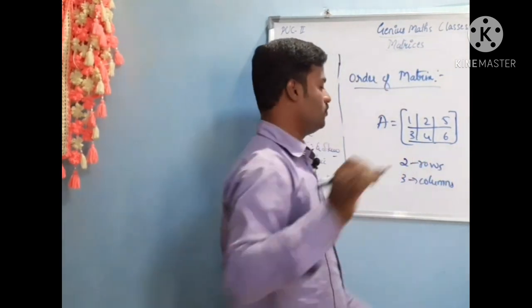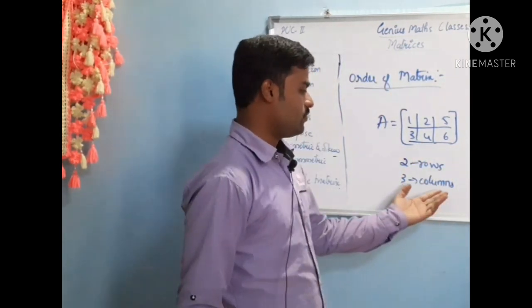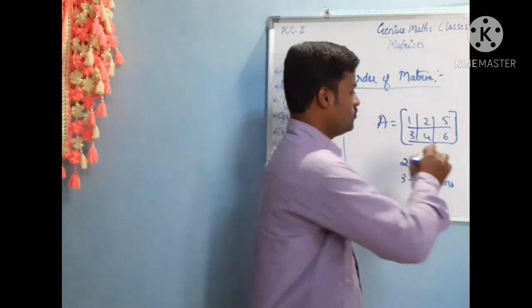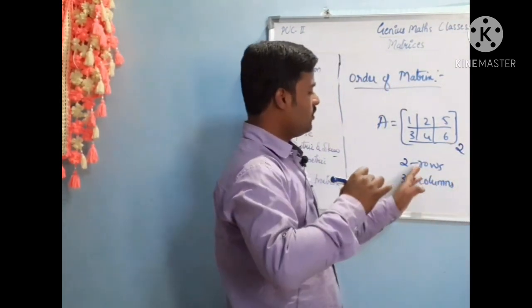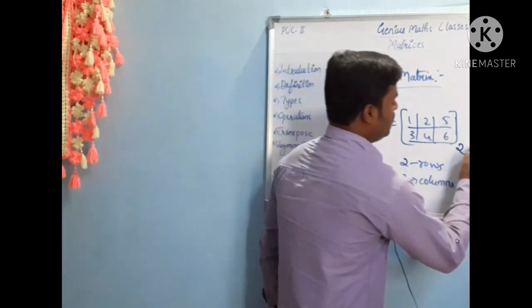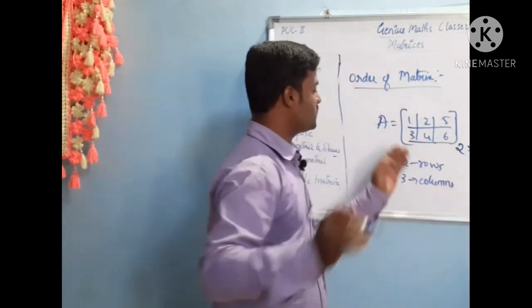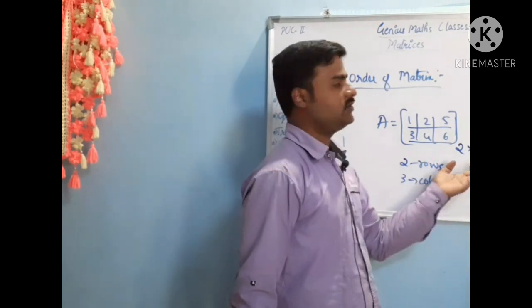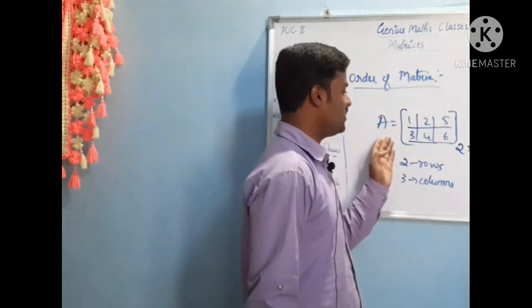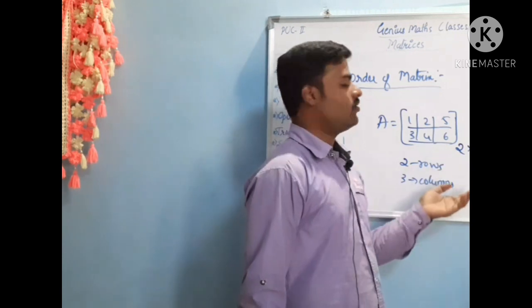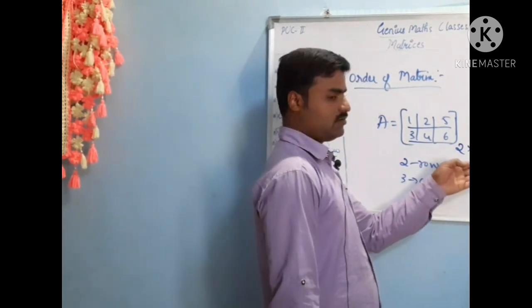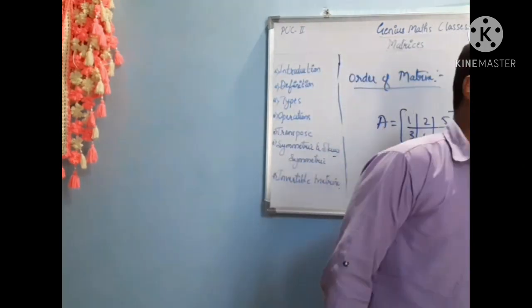Using the number of rows and number of columns, I can define the order of the matrix. How many rows? 2 rows. Always write the number of rows first, and then the number of columns. So this A is a 2 cross 3 matrix. The order of this matrix A is 2 cross 3. This is nothing but the order of the matrix. So consider one more example.